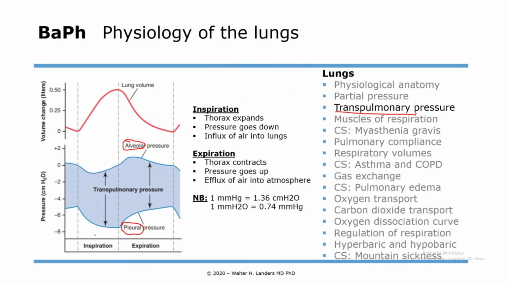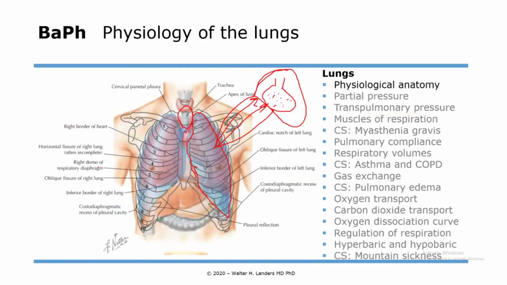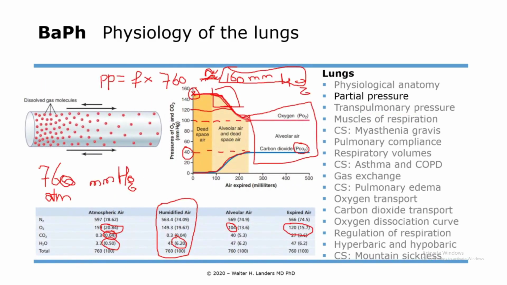It is very negative. And what we mean by negative is negative compared to atmospheric, because this 0 is the atmosphere, and the pleural pressure is way below that. And as I told you earlier, pressure goes from high to low.